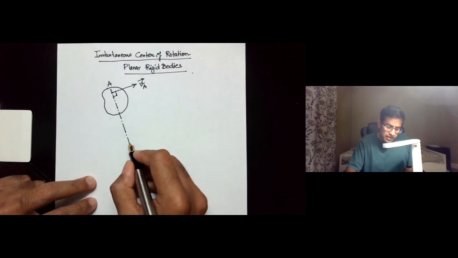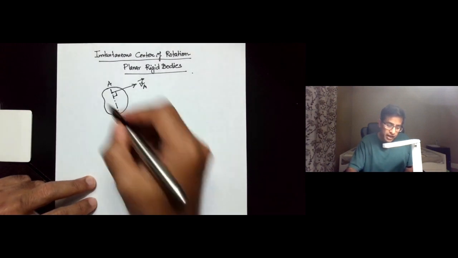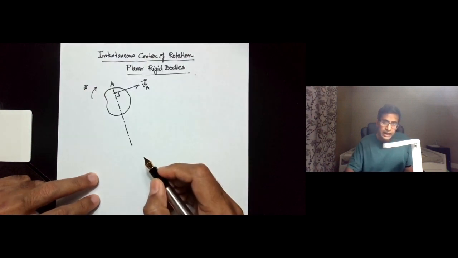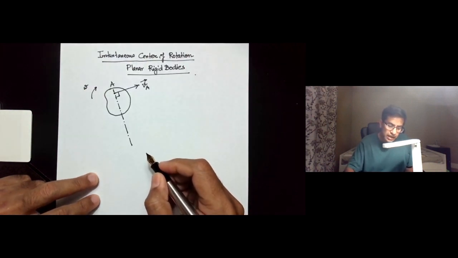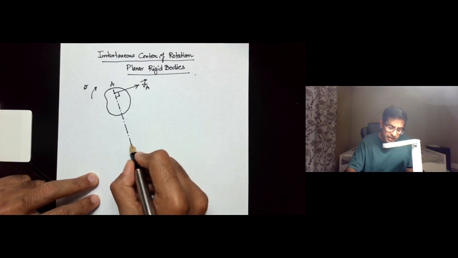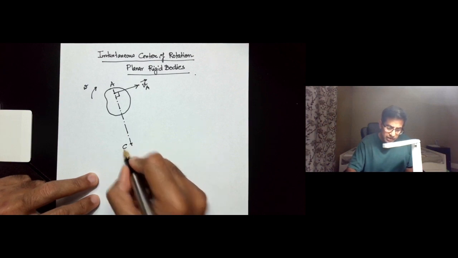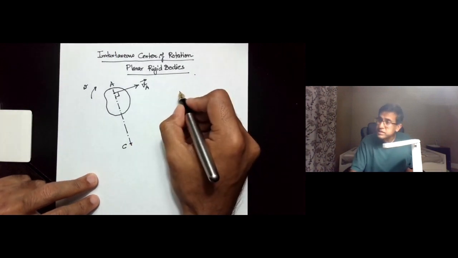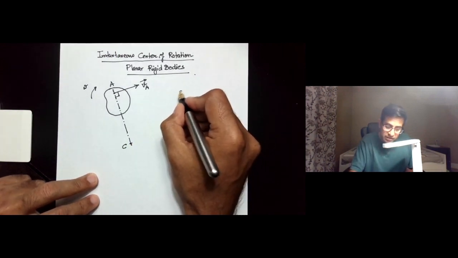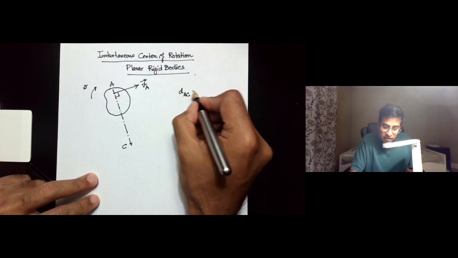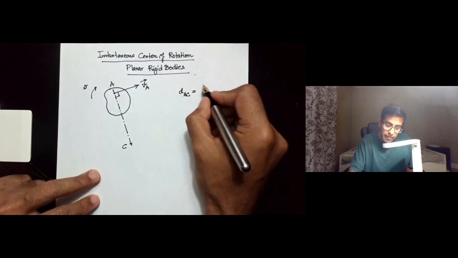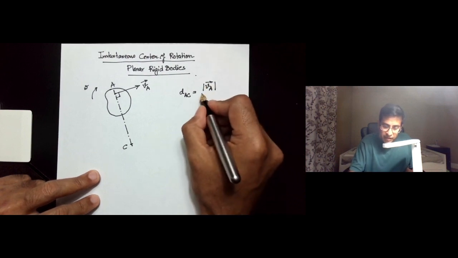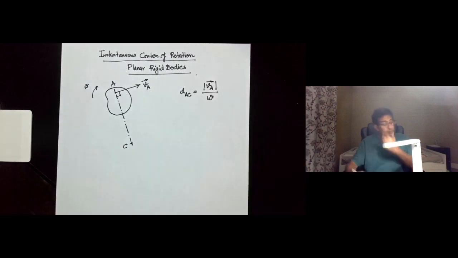Now let us say that the rigid body does have an angular velocity of omega, and that would mean that the instantaneous center would lie somewhere on this point C, where C is such that the distance of A to C is given by the magnitude of the velocity VA divided by omega, right?